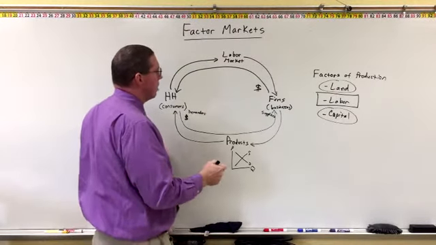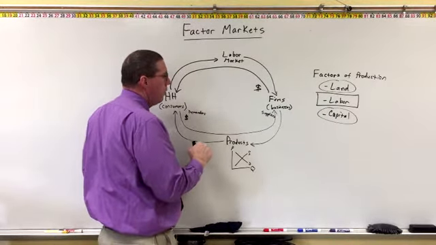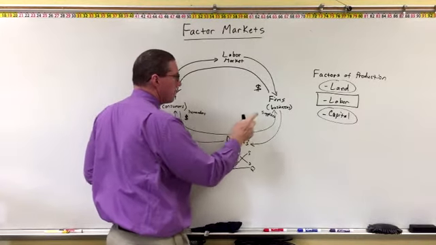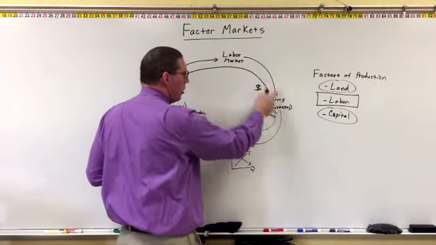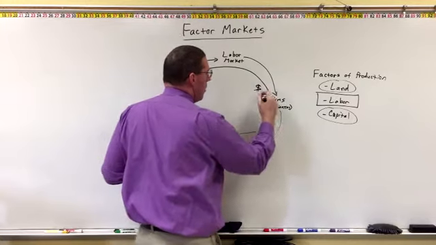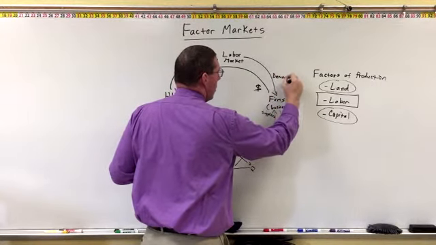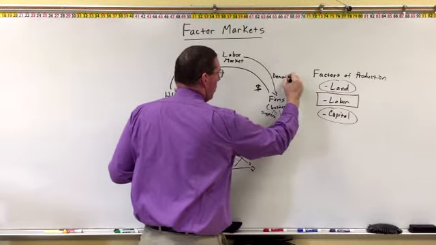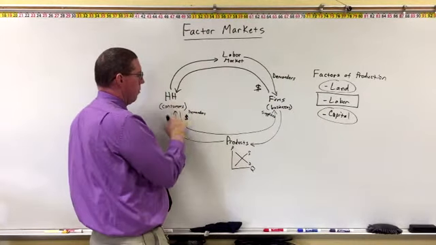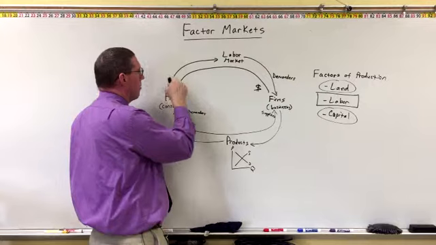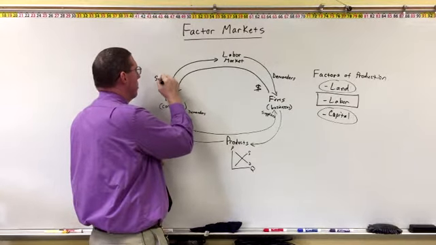And so here's the interesting thing, is that now the tables have turned. Firms in the labor market are no longer suppliers, they are demanders in the labor market, and households are not demanders anymore in the labor market, households are suppliers.